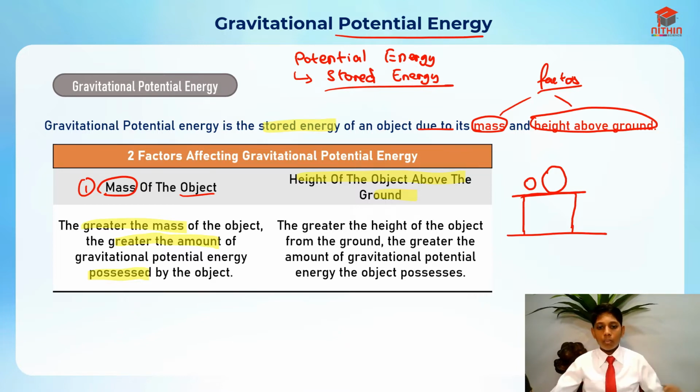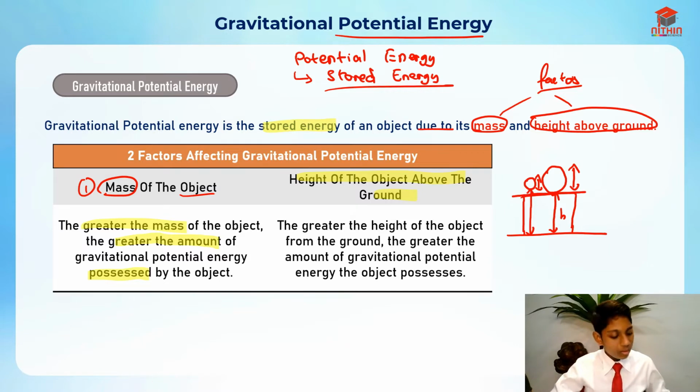Students have a misconception about the height of the object above the ground. They think it's the height of the object, that the taller the object, the greater the gravitational potential energy it possesses. But that is wrong. It should be the height of the object above the ground, like this over here.